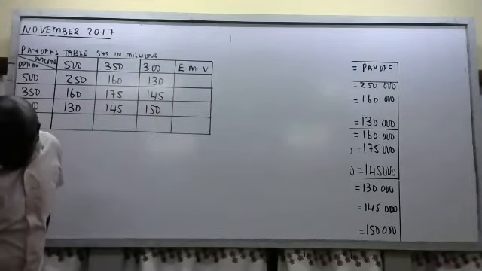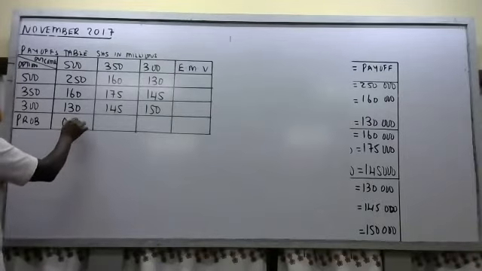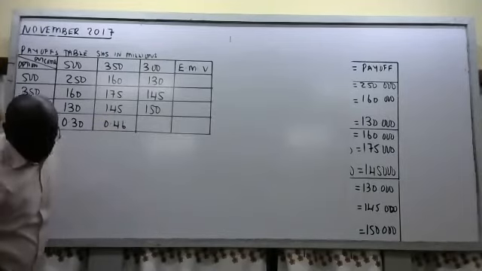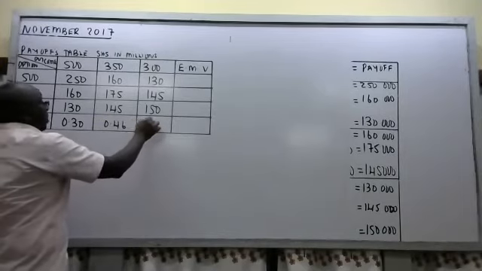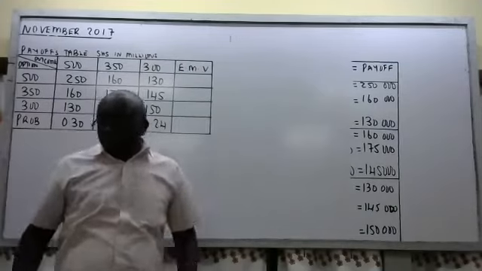And the probability of good is 0.30, 0.46, and 0.24.